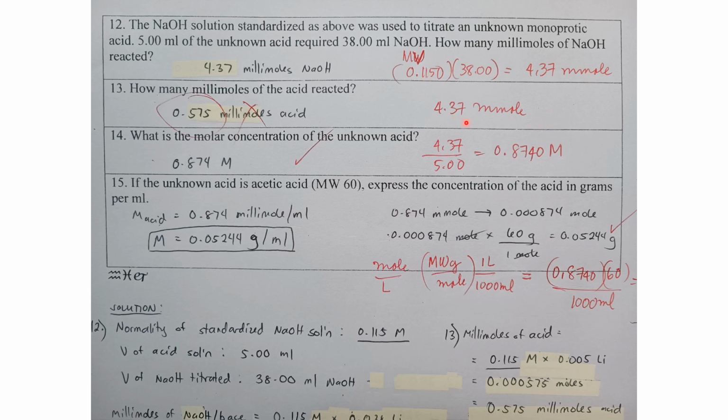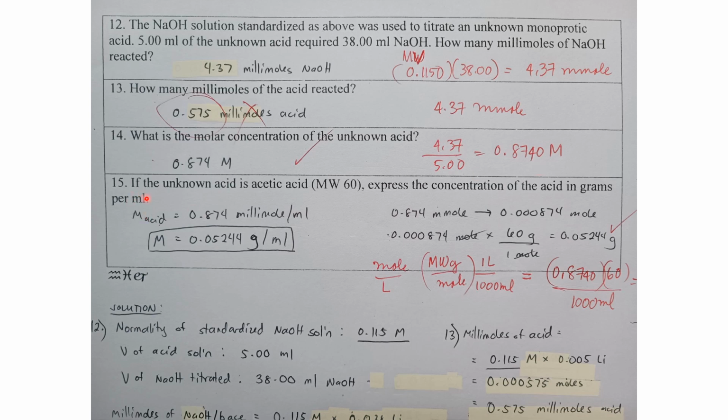Okay, dapat 4 significant figures. 4.37 of the acid. Now, what is the molar concentration of the unknown acid? All you need to do is divide millimoles over the volume of the acid here. This will give you 0.8740 molar.